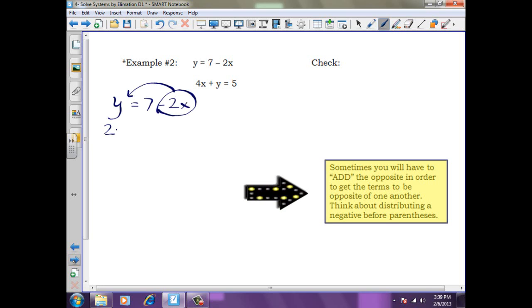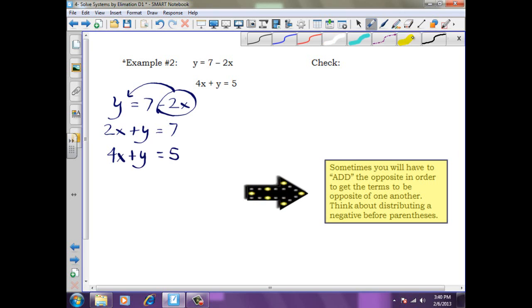Using inverse operations, I wind up with an equation that looks like this. Bringing my other equation down directly underneath, lining up my x's and my y's, and I look at it very carefully. And what I see is I do not have inverse operations on my y's.